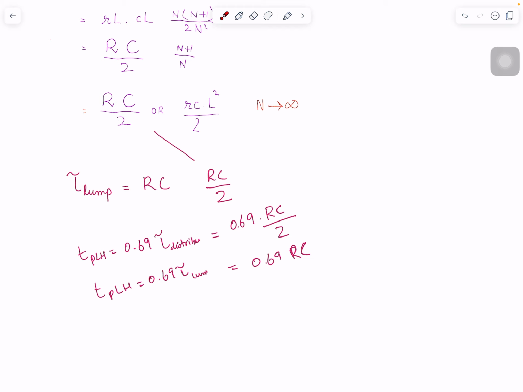So see, by spending some more time on it, we have come up with an expression. Now every time we don't have to do all that. All we have to do is divide into very large segments, and then you will have a much better delay. Understood? That's really the thing I wanted to get across from this one. So in a way, whenever you have R and C values, you can find out the distribution.